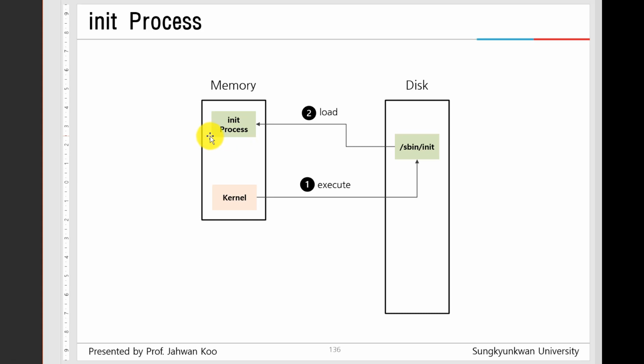All processes on the system are created by init process or by one of its descendant processes. The init process cannot be killed, and it terminates only when the system is shut down. The main role of init process is to create and monitor a range of processes.